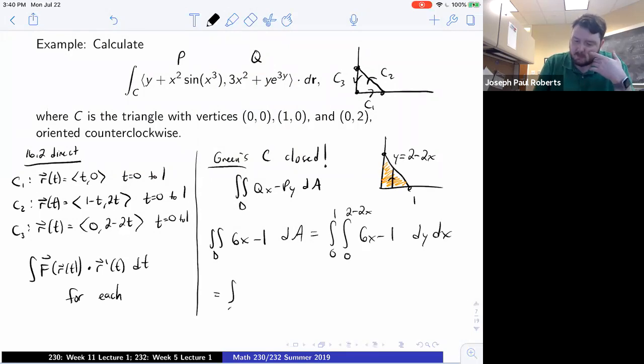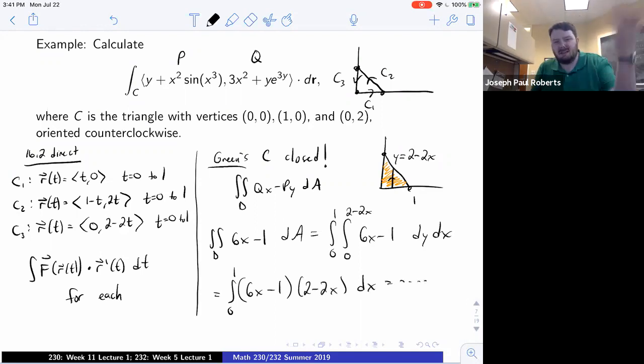So that's 0 to 1. Well, the y antiderivative is 6x minus 1 all times y. So you'll have 6x minus 1 times 2 minus 2x once you do the y antiderivative and plug in. And then from there, it's not very exciting, just a good old Calc 1 integral.